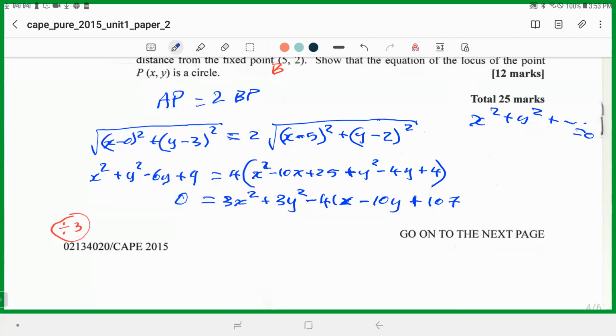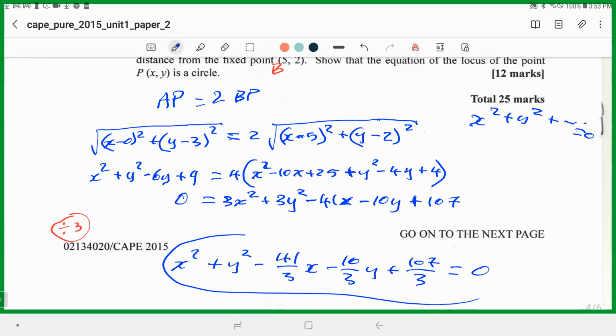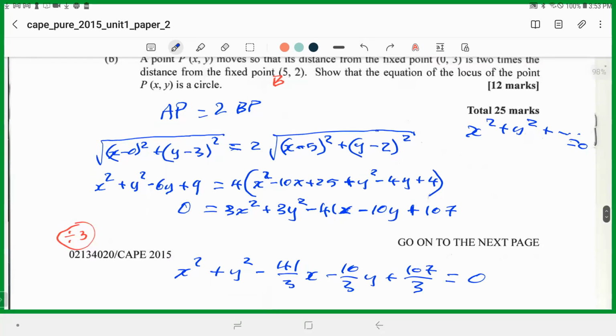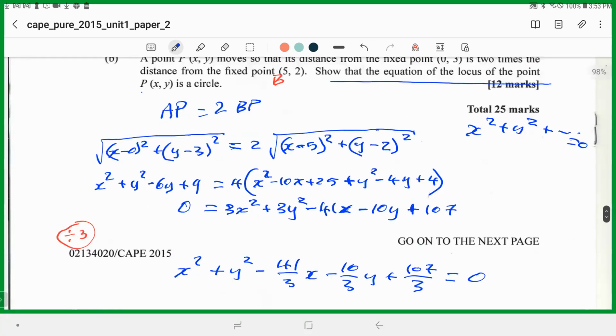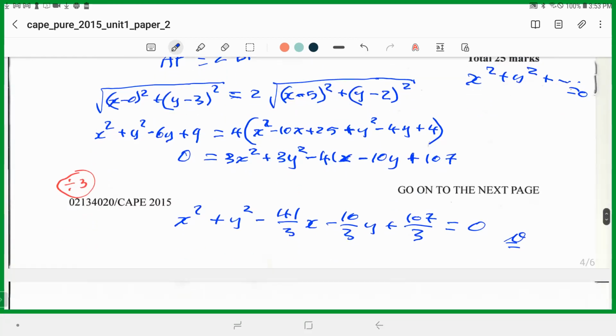Then I'm going to get x squared plus y squared minus 41 over 3 x minus 10 over 3 y plus 107 over 3 equals 0. This is the equation of a circle. So they say show that the equation of the locus is a circle, i.e. a circle.